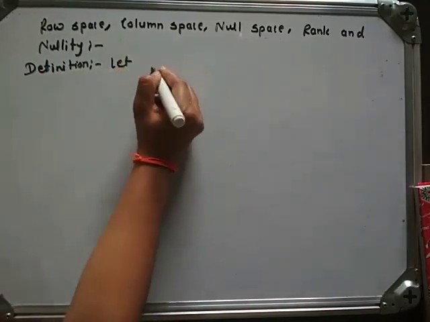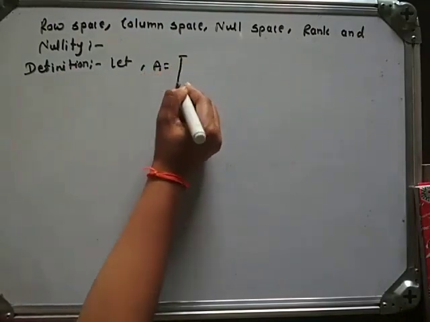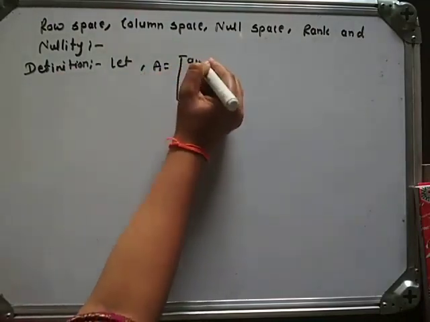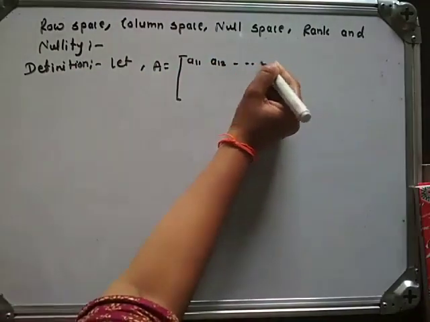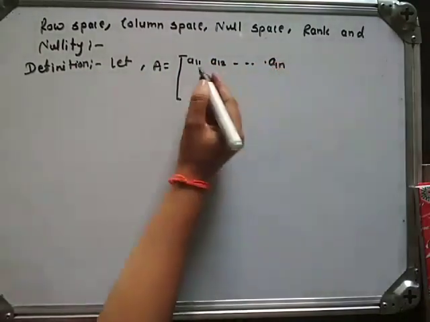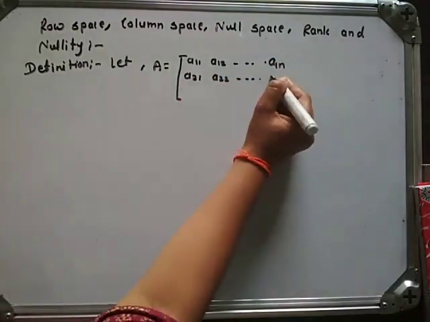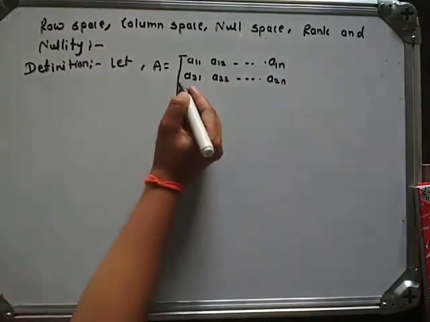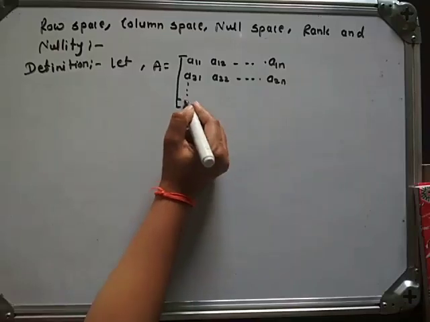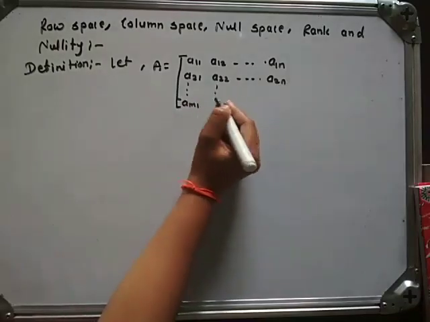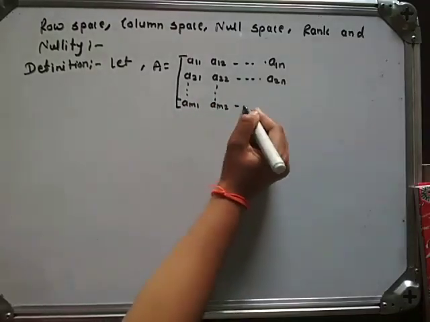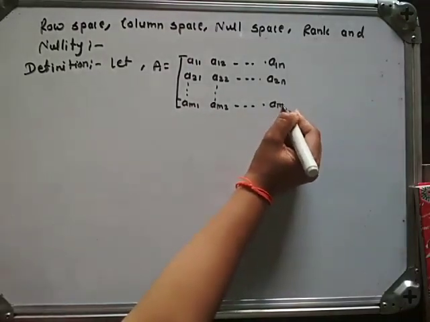Let A be an m by n matrix with entries A11, A12 and so on up to A1n, A21, A22 and so on up to A2n, and so on up to Am1, Am2 and so on up to Amn.